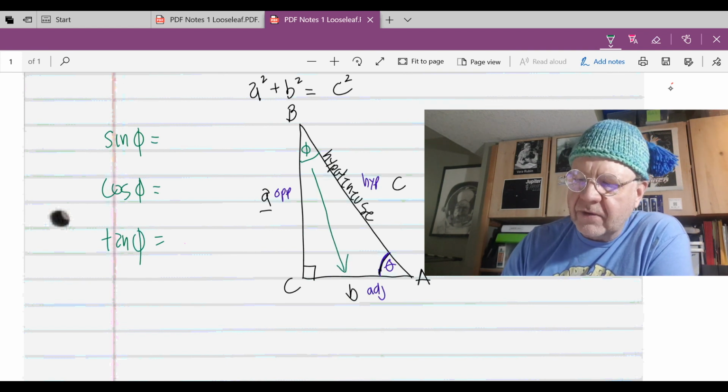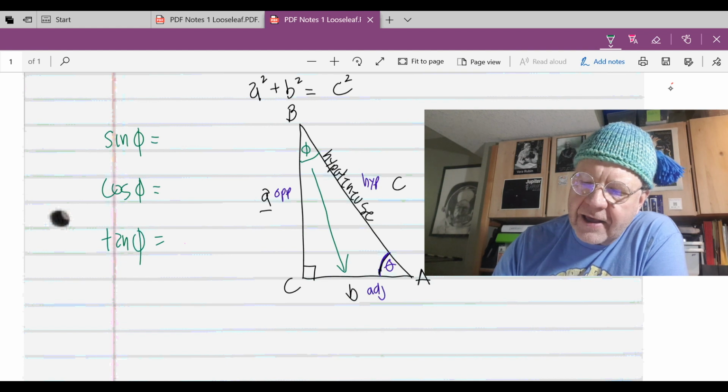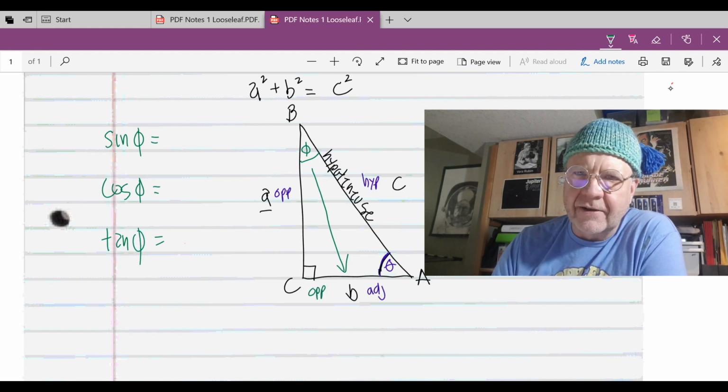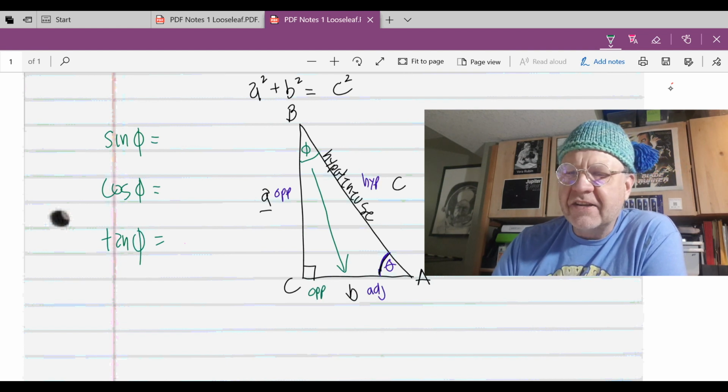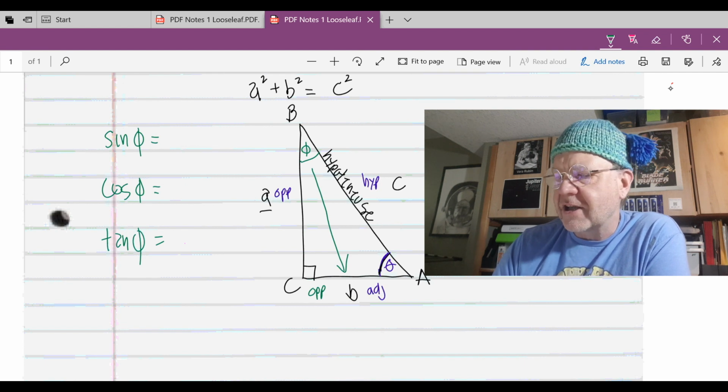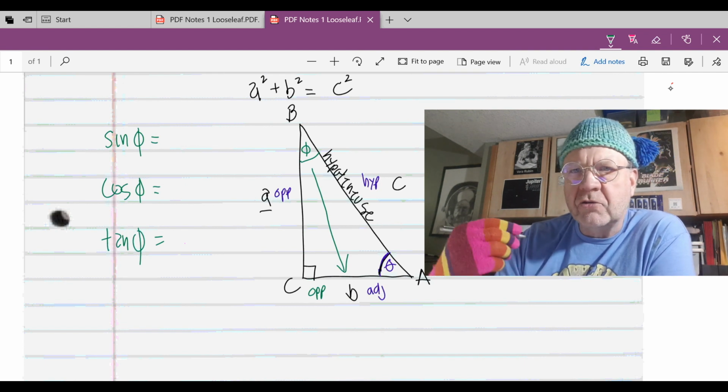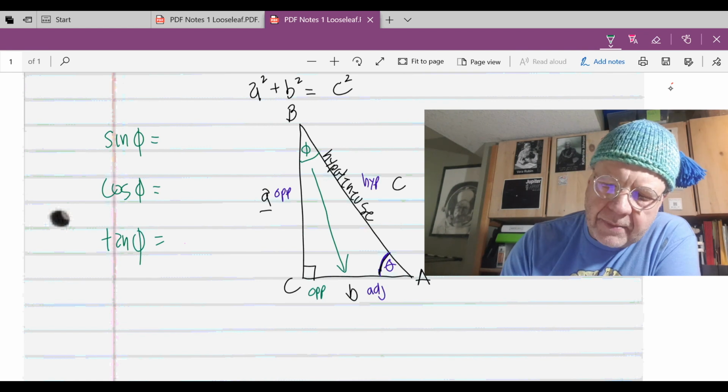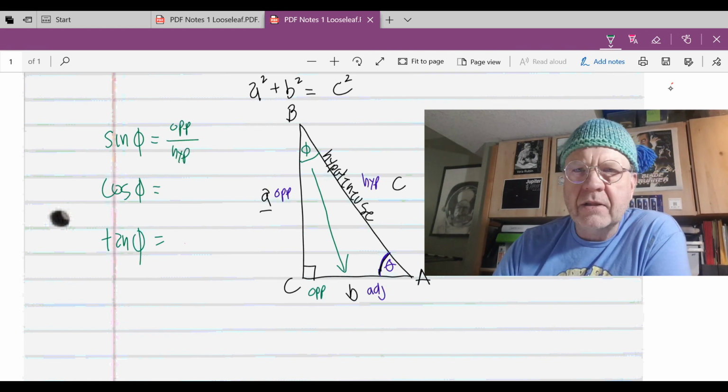But that name, adjacent, is in relation to the other angle. So this side in relation to angle phi is now the opposite side for phi. What was adjacent to theta is actually opposite to phi. So the trig ratio will be the same. It'll still be opposite divided by hypotenuse.